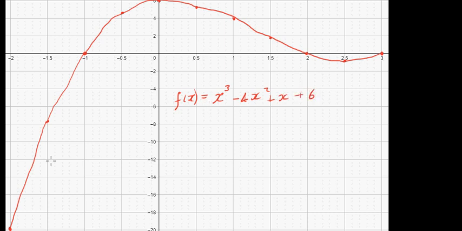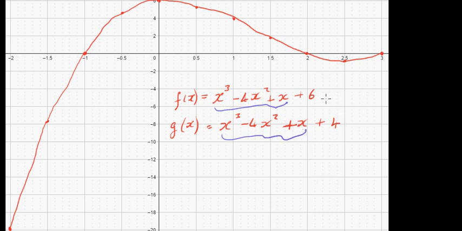Let's say you were asked to draw this, which we've done, and then we were asked to sketch another function, and let's say that function was x cubed minus 4x squared plus x plus, let's say, 4. So you can see the two functions that we have here are practically the same, but the 6 is reduced down to 4.